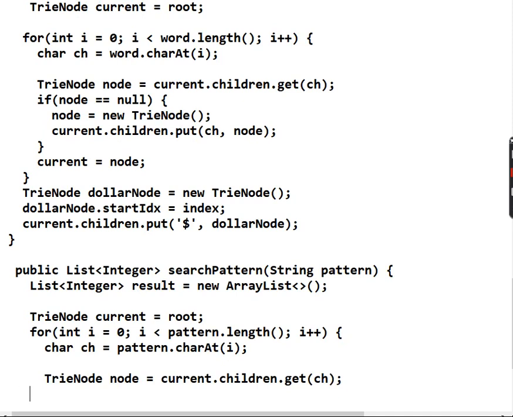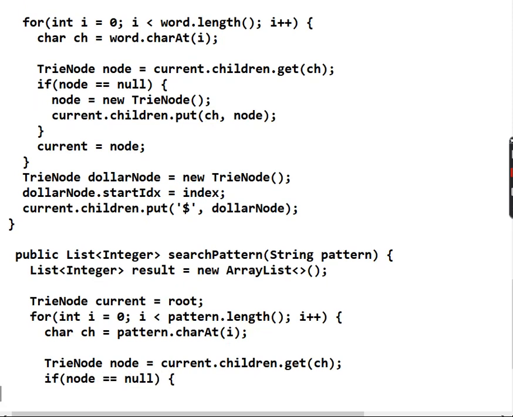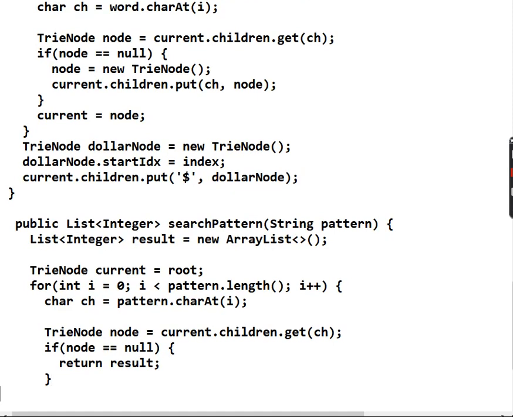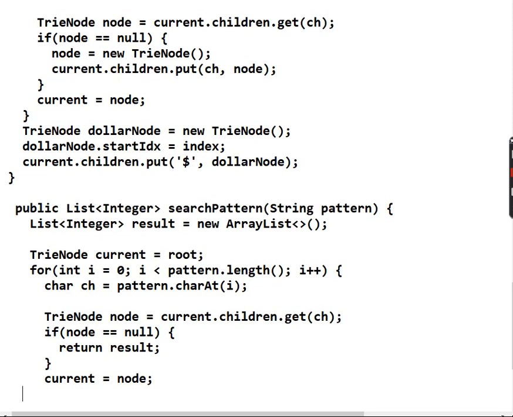If we found it, great. If we don't, if node is equal to null, we are not able to find that pattern, so just return the empty result. But if we found it, search for the next character. So current is equal to node and keep searching for the next character.